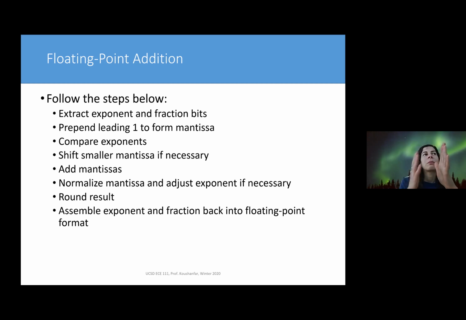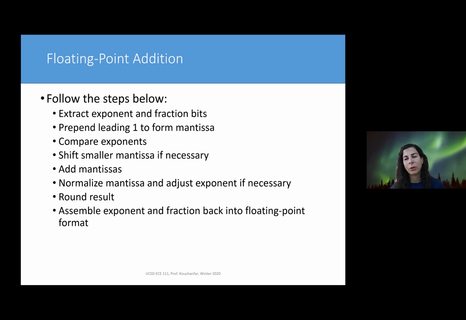So we shift these numbers so that they become the same power. Imagine we have a number, some 1.001 something times 2 to the power 5 plus some 1.00 something times 2 to the power 6.